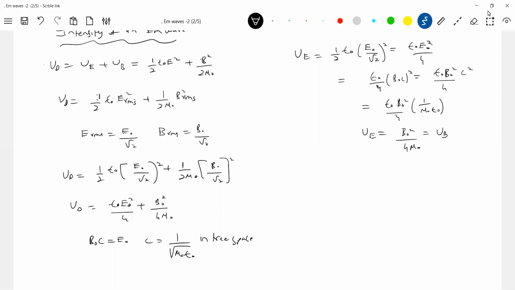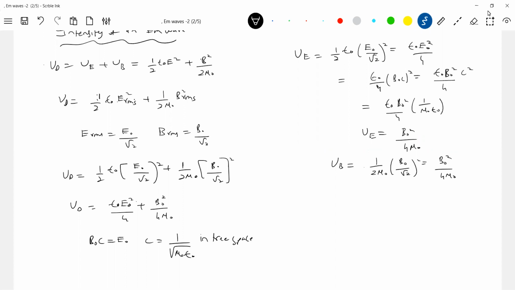Therefore, when an EM wave propagates, what proportion are these two in? How much electric field energy there is, that much magnetic field energy will be there. So finally, I ended with this. And what is the magnetic energy density formula? B naught square by 4 mu naught.